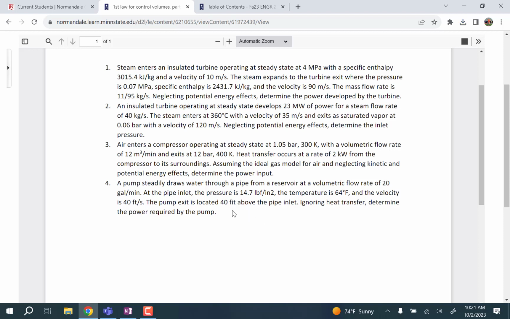So you have a pump that's lifting liquid water a total distance of 40 feet. It tells you what kind of stuff to cancel.